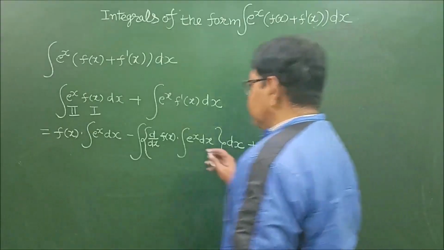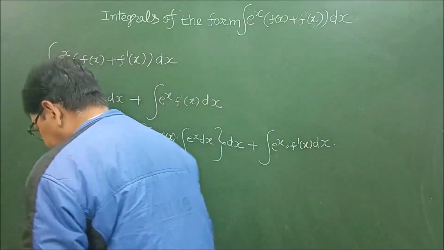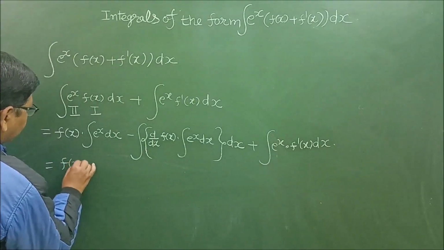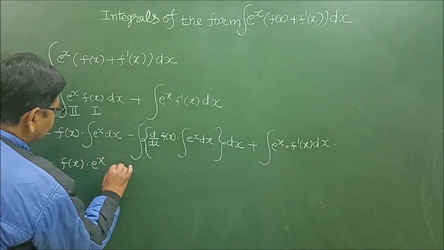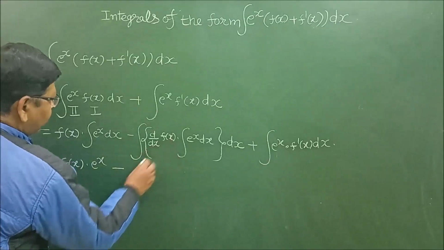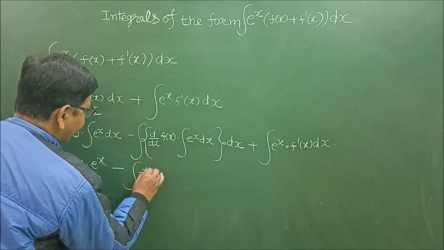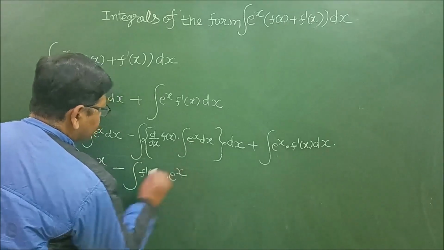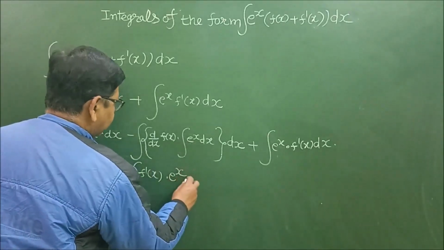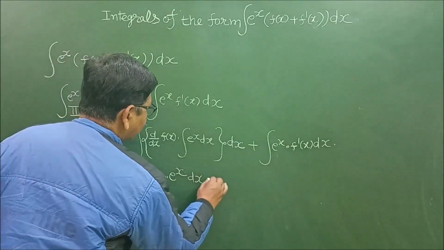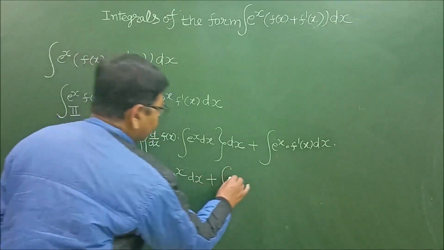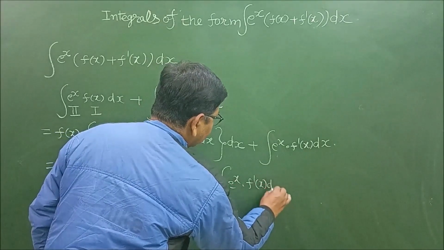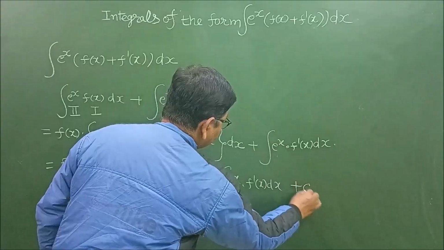Now on further solving it, we get f(x) into e raised to the power x minus derivative of f(x) is f'(x) into integral of e raised to the power x, e raised to the power x and whole integral, plus integral of e raised to the power x f'(x) dx, plus a constant c.